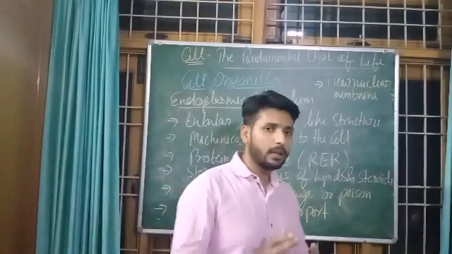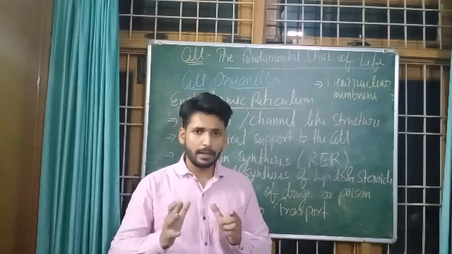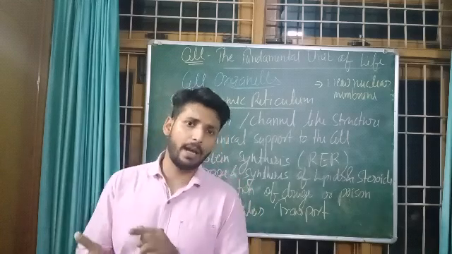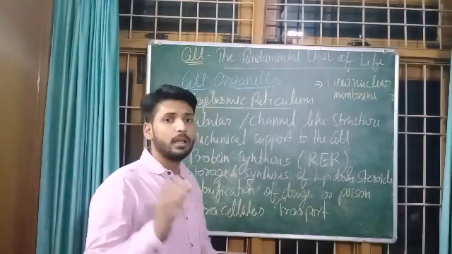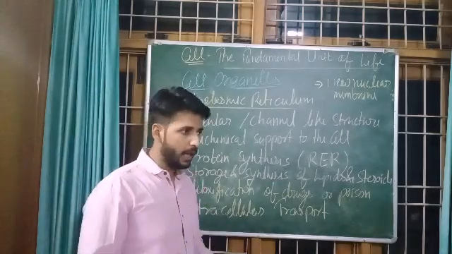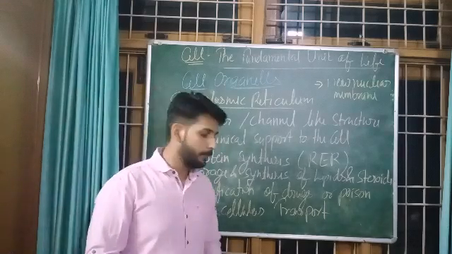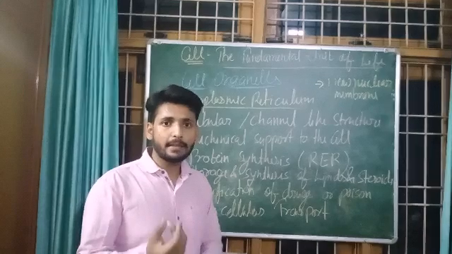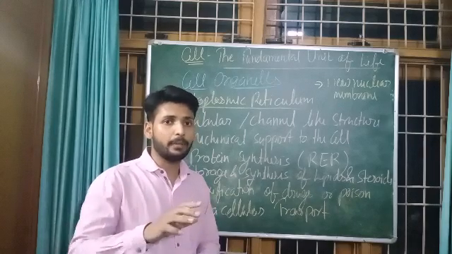I told you earlier also there are two types of endoplasmic reticulum. One is smooth endoplasmic reticulum and another is rough endoplasmic reticulum, based on the ribosomes present on it. Why do we call it smooth and why rough? Because as ribosomes are present on its surface, it makes its appearance rough.